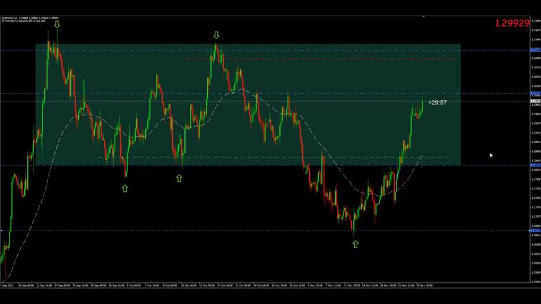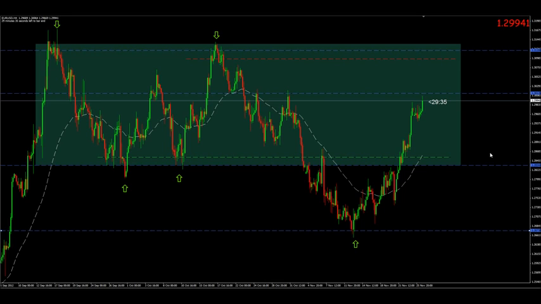As you can see now, I'll just assess the chart. Still another 29 minutes until the candle ends on the H4 for the euro. We just broke a significant area, which was the 129.90. It wasn't really a major support or a major resistance or anything like that.